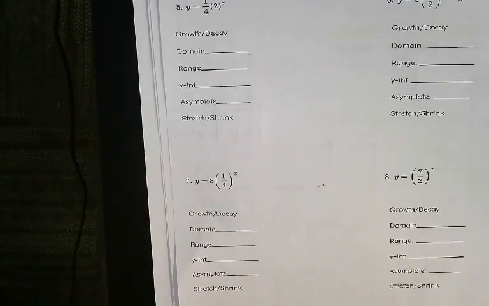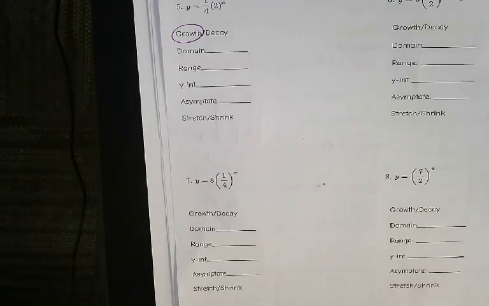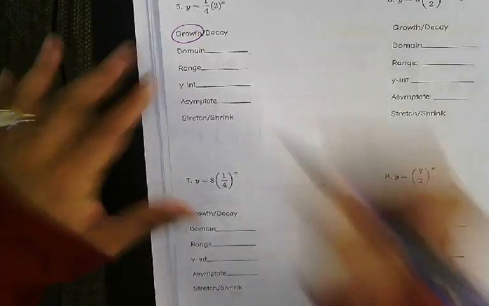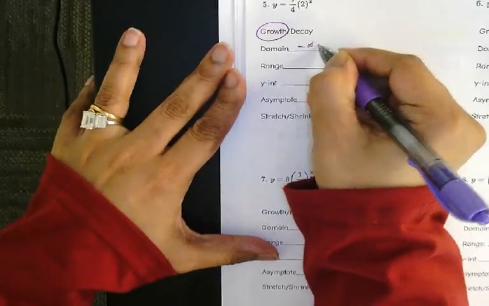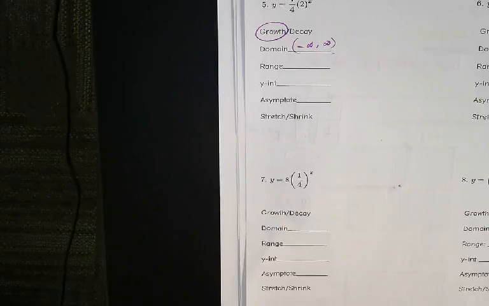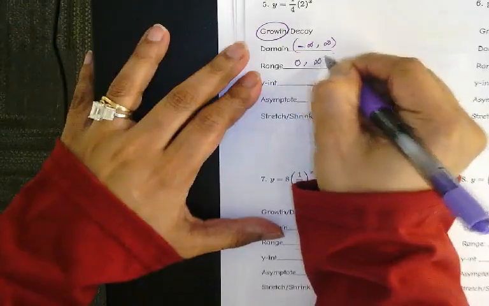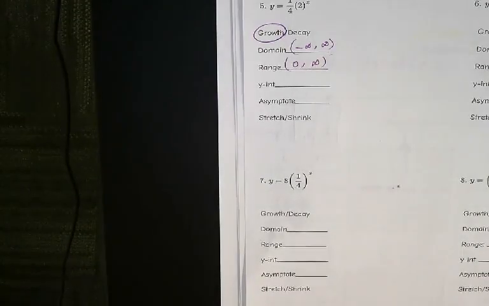So over here, is it a growth function or a decay function? Okay, growth function. Why? Okay, because the base is 2. Domain, what will be the domain? Okay. What's going to be the range? 0 to infinity, because I'm not going up or down.